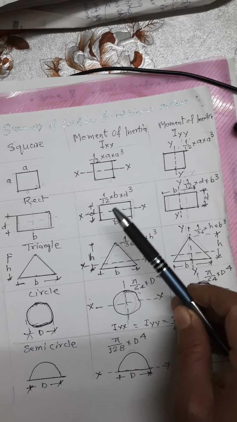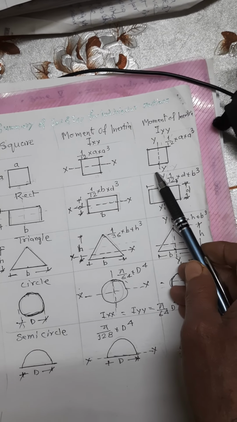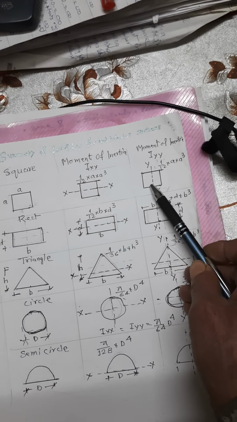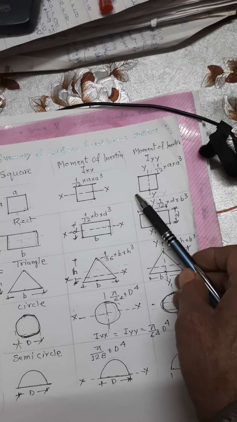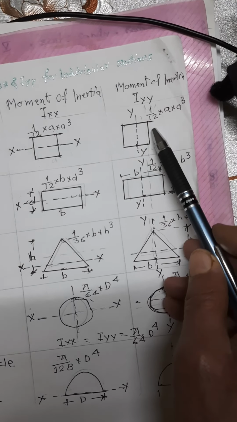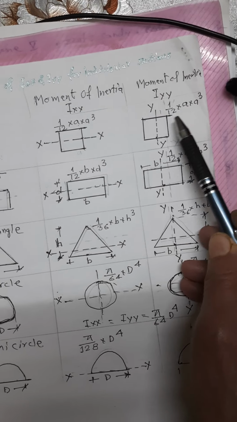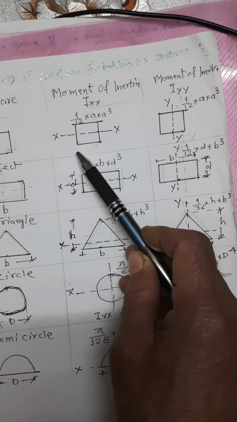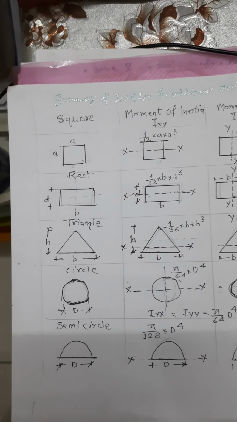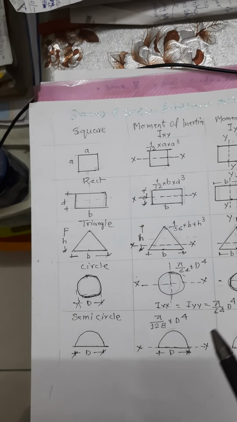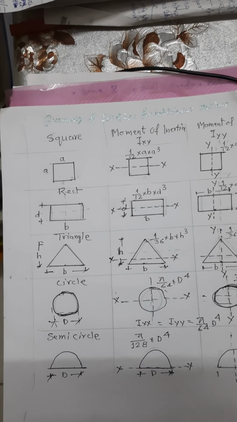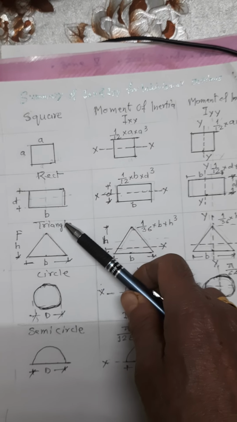Similarly, along the y-axis passing through the CG, it is the same because A and A are equal, so 1 upon 12 A cube. Whether it is the x-axis or y-axis, Ixx is equal to Iyy is equal to 1 upon 12 A into A cube.